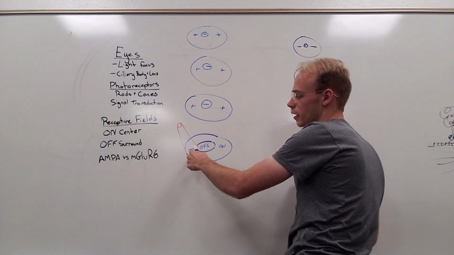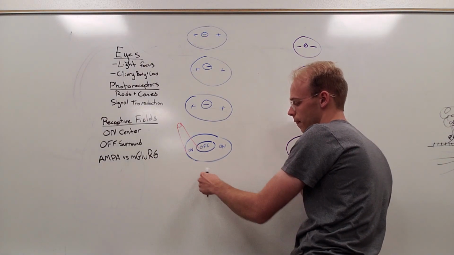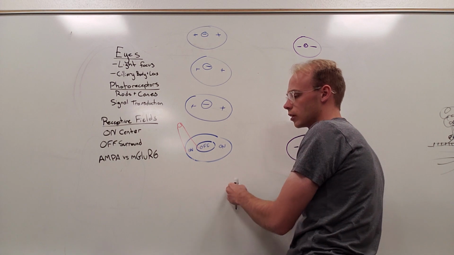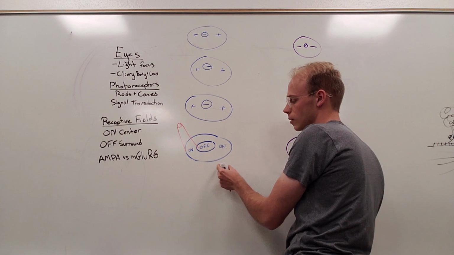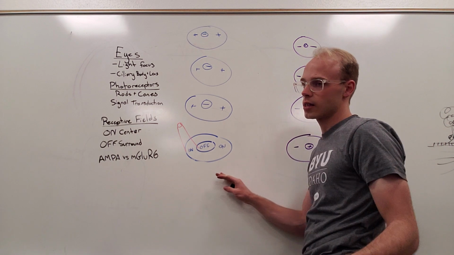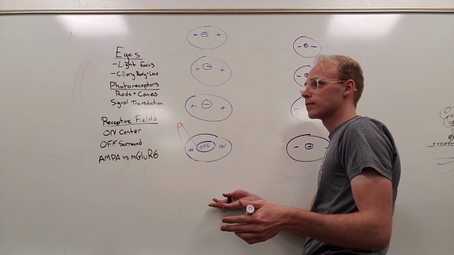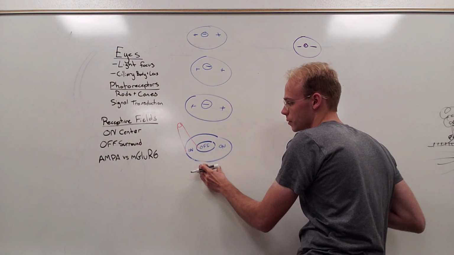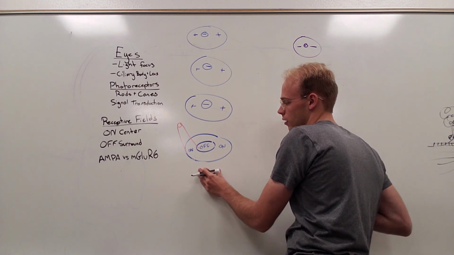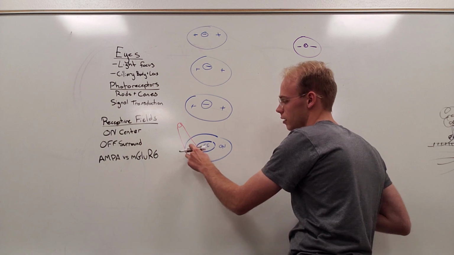So I have light here because this is on, I'm causing less glutamate to be sent, which means less GABA, which means my ganglion, my main photoreceptor, gets to send more glutamate, which ends up depolarizing the bipolar cell, and it says, aha, there's light here.